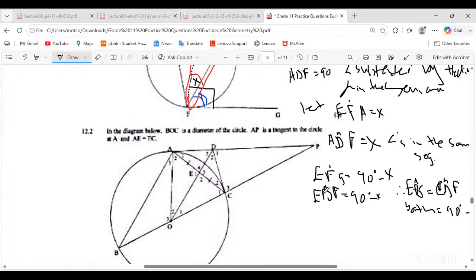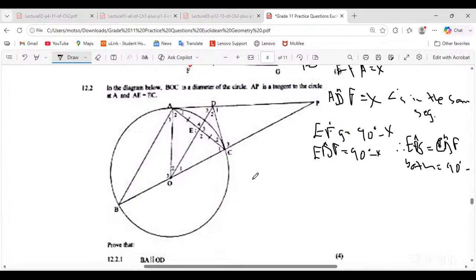12.1. Now we can go to the next one, which is 12.2. They are saying to us in the diagram below, BOC is the diameter of this circle. AP is the tangent to this circle at the point A, and AE is equal to EC.